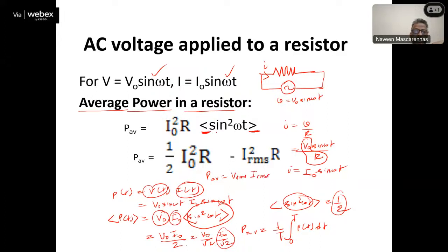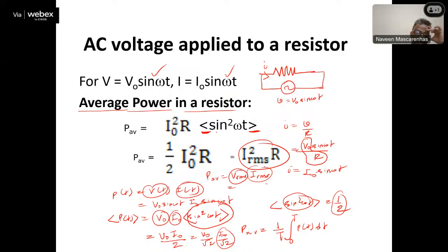But also, you know that VRMS is IRMS into R. Therefore, it can be also equal to I square RMS into R. Correct, no? Right? Also, IRMS can be written as VRMS by R. So it can be V square RMS by R. So these are the expressions for power, when AC is applied to pure resistor.